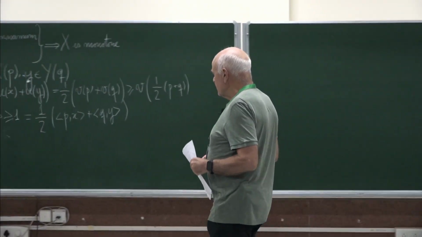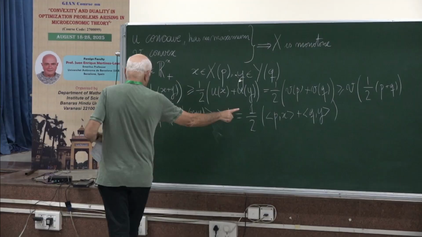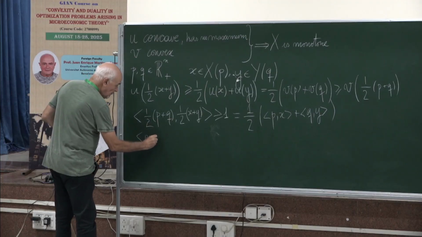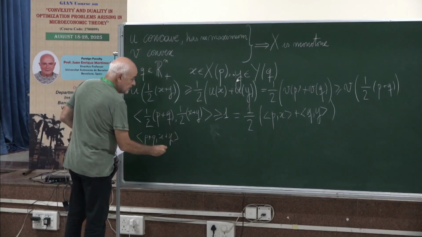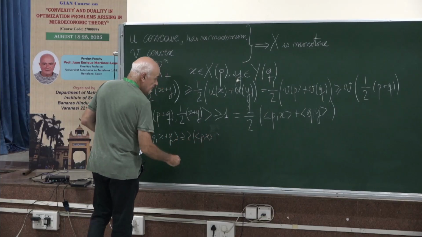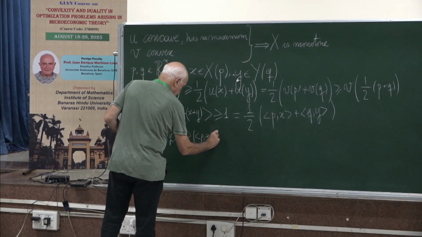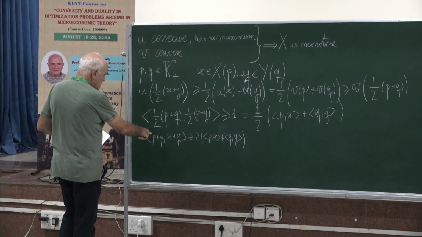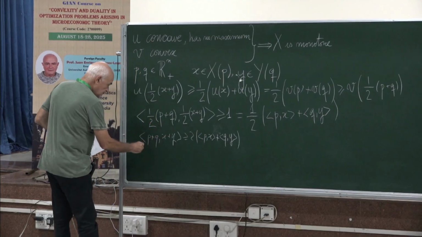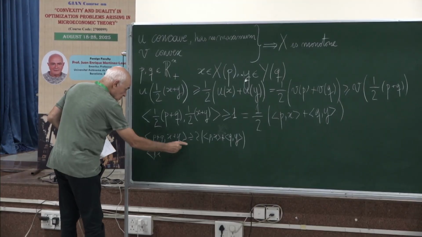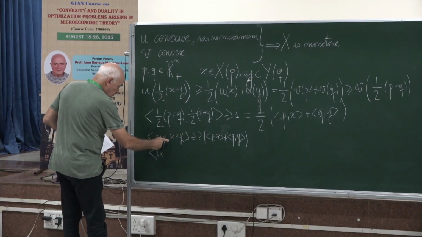So you multiply everything with 4, then you get (P plus Q)(X plus Y) greater than or equal to twice (Px plus Qy). Okay, and then you move things from this side to the other side. You get Px, because you have 2 here, minus 1 coming from the left-hand side.